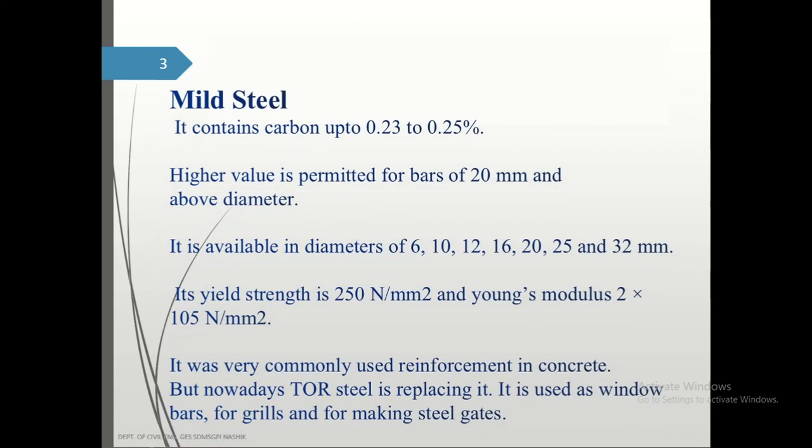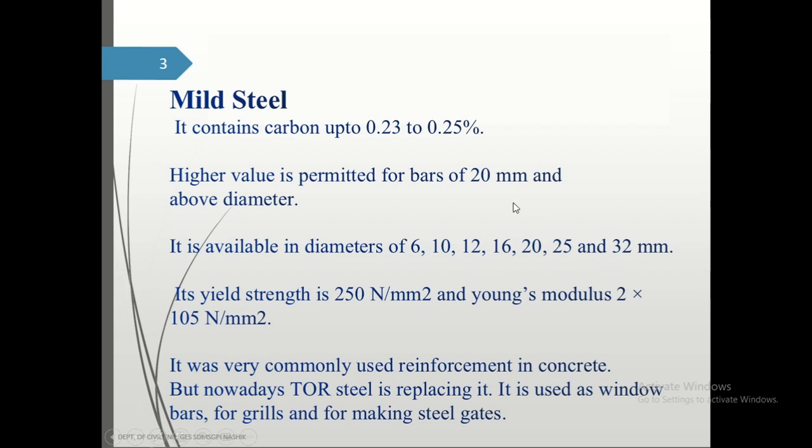Mild steel contains carbon up to 0.25 to 0.3%. Higher values are permitted for bars of 20 mm diameter and above. The diameters available in the market in mild steel are 6, 10, 12, 16, 20, 25, 30 mm.